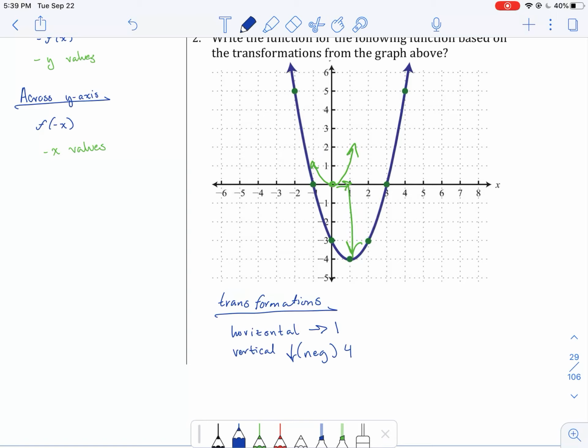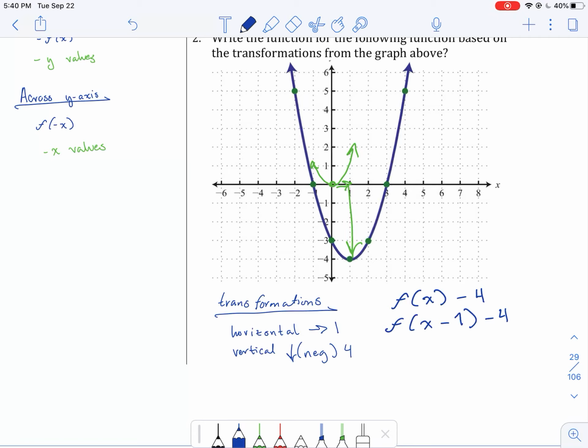So what that means is that if I want to write the function, if I wanted to write 4 spaces down, I would subtract 4 from the entire function. If I wanted to then go 1 space to the right, that would be x minus 1, because remember, horizontal shifts have the order we don't expect.